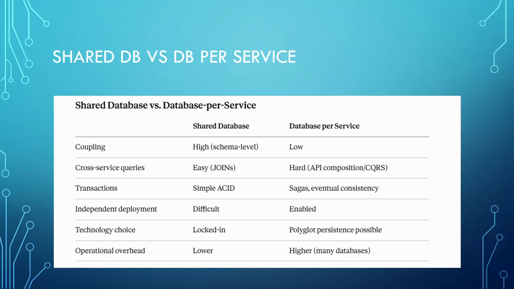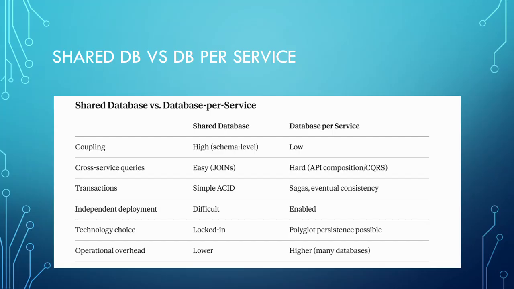How do we achieve it? That's the question. It could be achieved using CQRS, command query responsibility segregation, or API composition, which we will discuss in the upcoming slides. For transactions, shared database is simple ACID, whereas database per service needs sagas or eventual consistency.